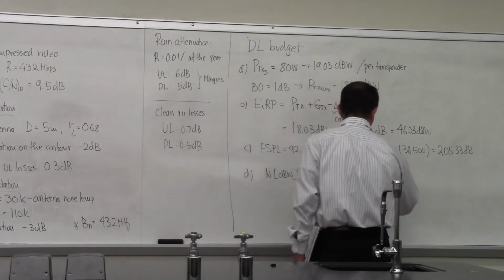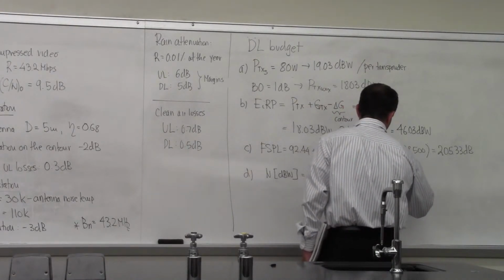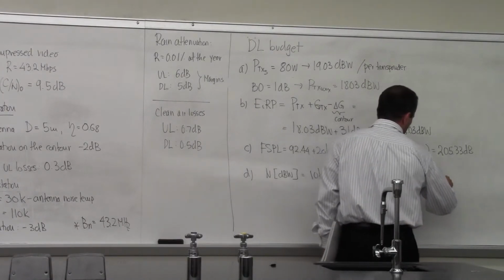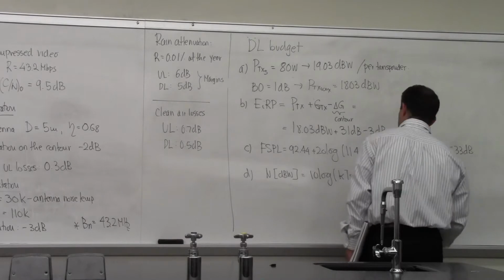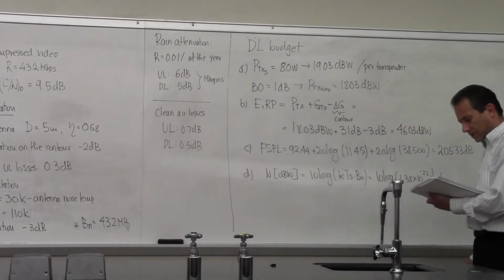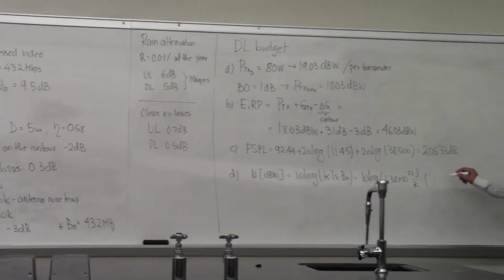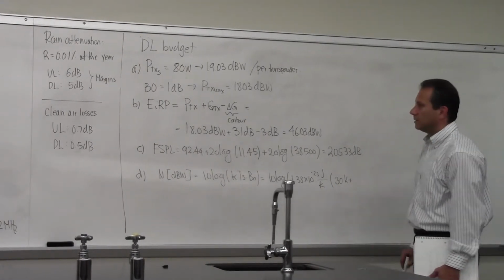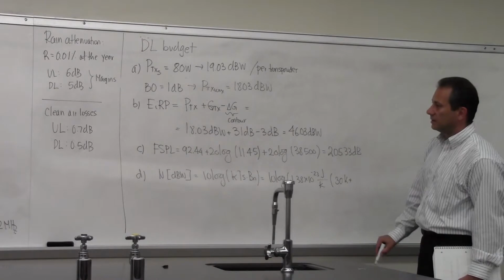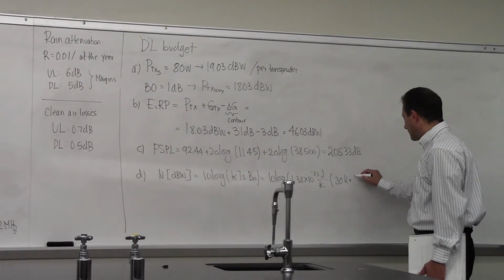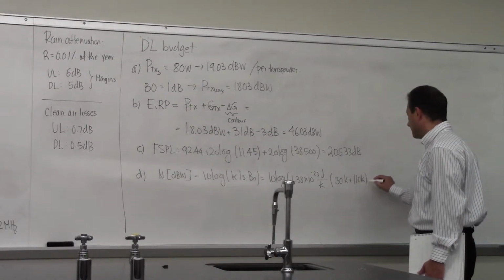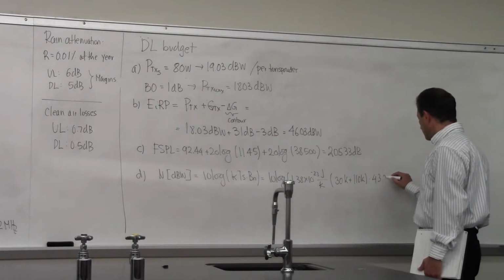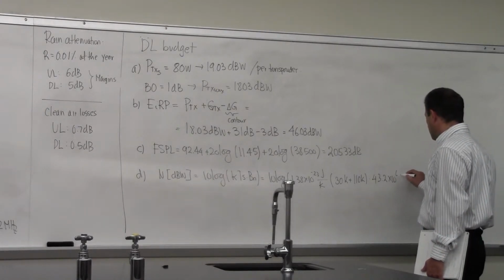So this becomes 10 log of 1.38 times 10 to the minus 23 joules per Kelvin, and then your overall system temperature is going to be your antenna's temperature, which is 30 K, plus the temperature of the RF front end, which is 110 K, and then times the noise bandwidth, 43.2 times 10 to the 6 hertz.